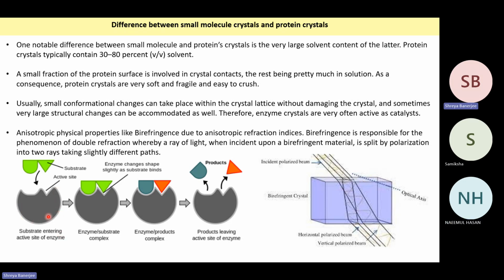How the enzyme acts is that it has an active site, and the substrate comes and attaches to the active site, and a reaction happens which changes the substrate into the product. Even if the protein is in crystal form, because of the large amount of solvent inside the crystal, the protein can undergo the necessary conformational changes required to behave as an enzyme.